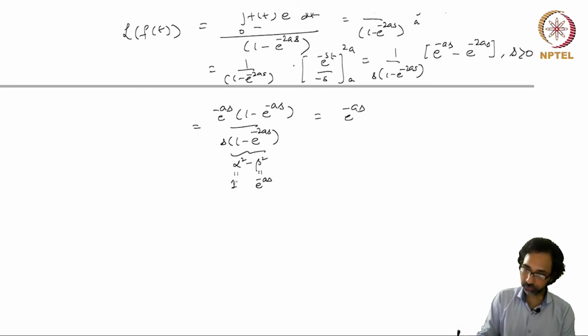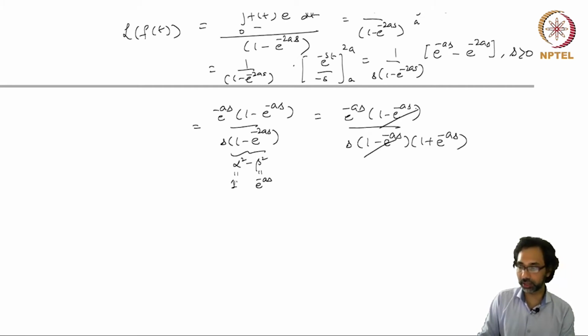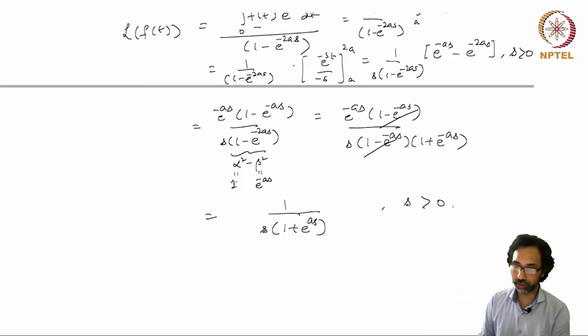So therefore we will get (1 minus e^(-as)) over s times (1 minus e^(-as))(1 plus e^(-as)), and one of these factors cancels out, and you can rewrite this as 1 over s times (1 plus e^(as)), and this is valid for s greater than 0. So this is an application of our formula for periodic functions.